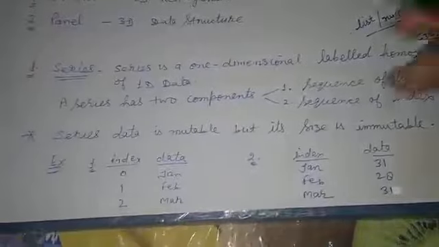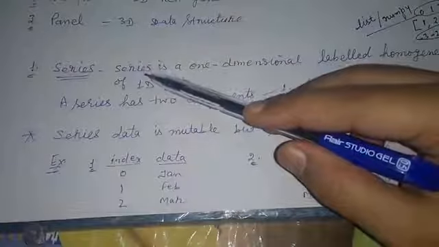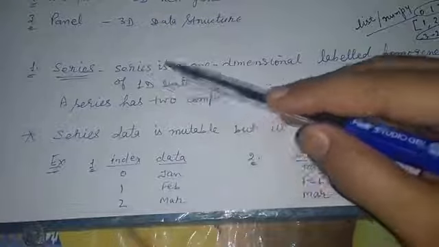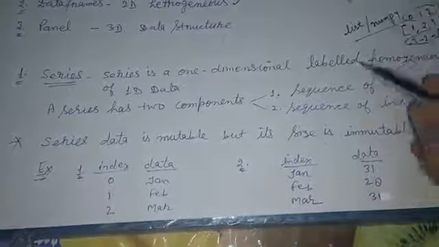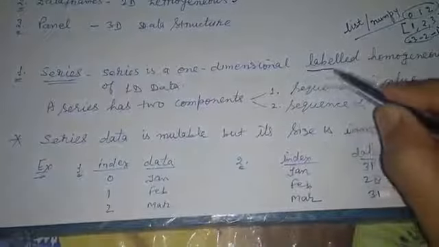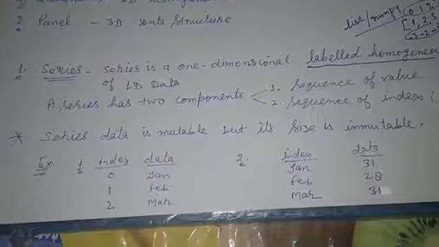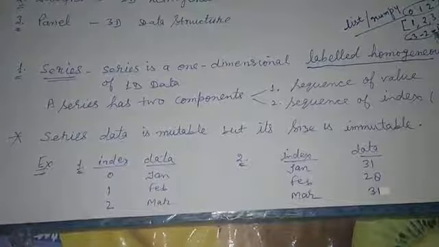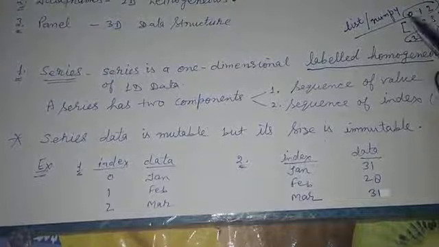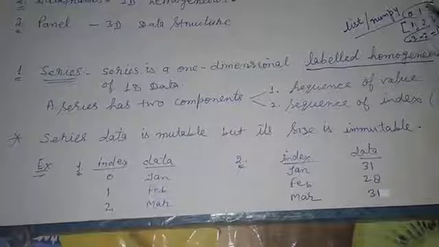So let's come to the definition of series. Series is a one-dimensional labeled homogeneous set of data. Labeled means you can change this default index system.